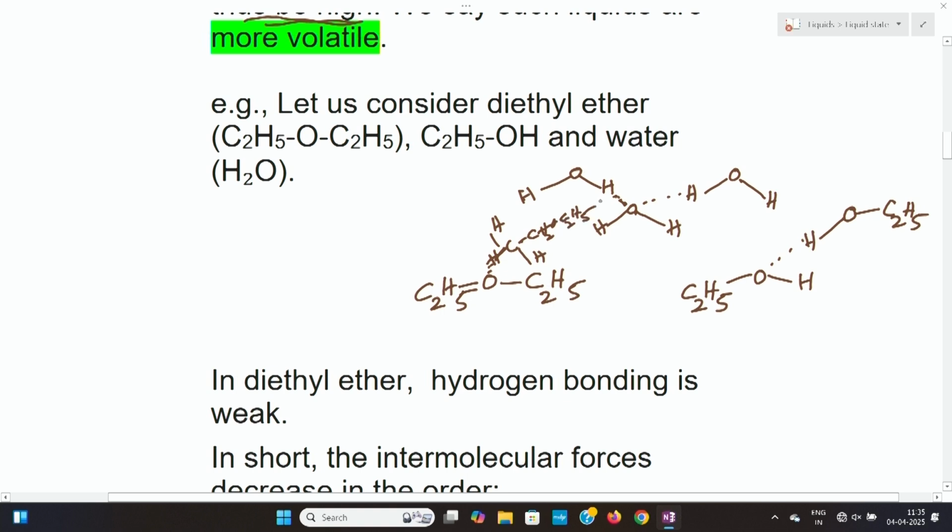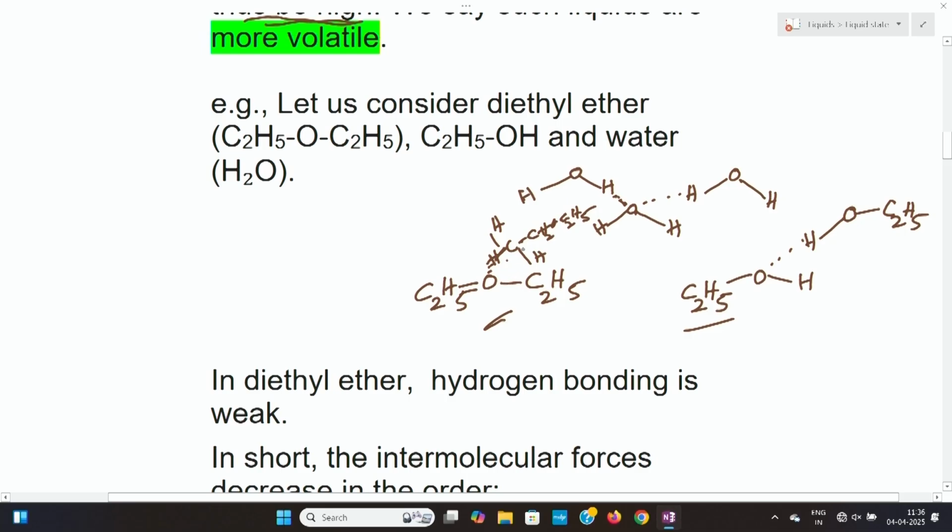If we have diethyl ether like this, water molecules like this, and ethanol like this, then if we look into these molecules, in the case of diethyl ether the strength of the intermolecular forces is very little, or we can say the intermolecular force is not there.